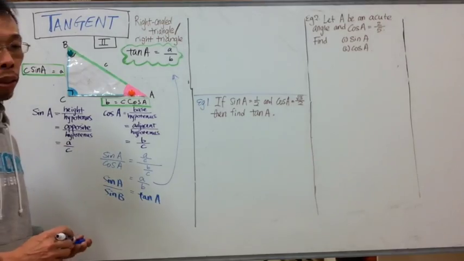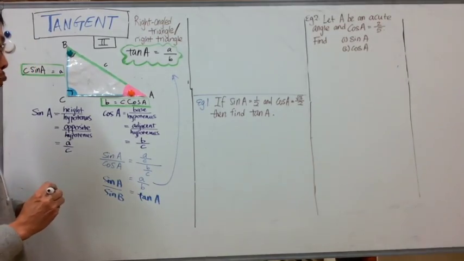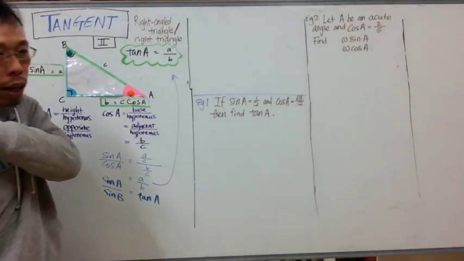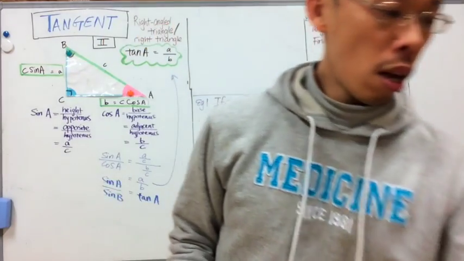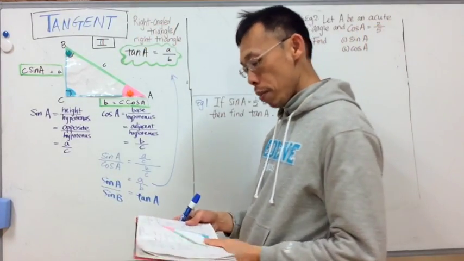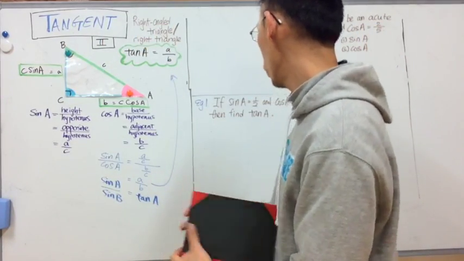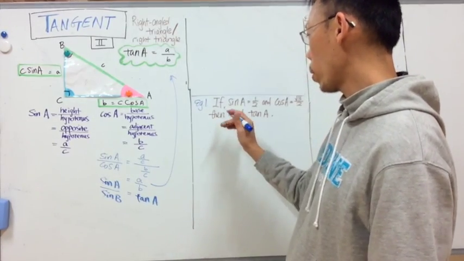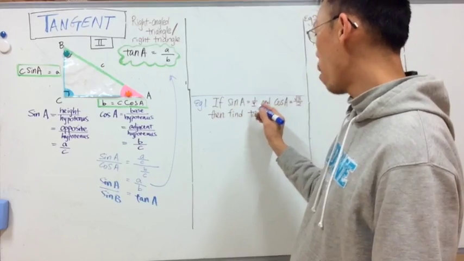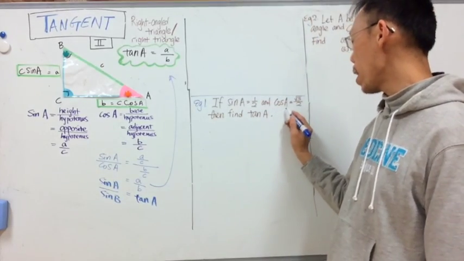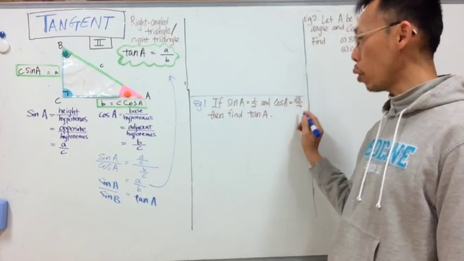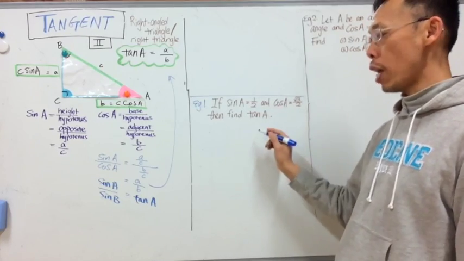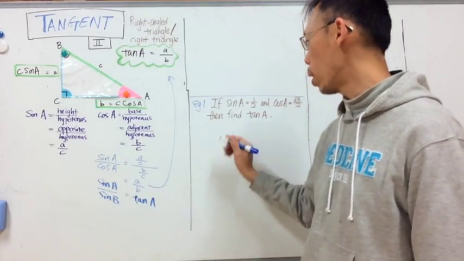Now, how can this be useful? One way is to do something like this. You might have a question like: if sine A is equal to a half and cosine A is equal to square root of 3 over 2, then find tangent A. I will use this formula.